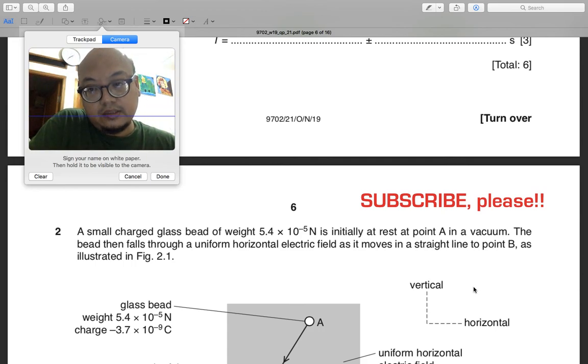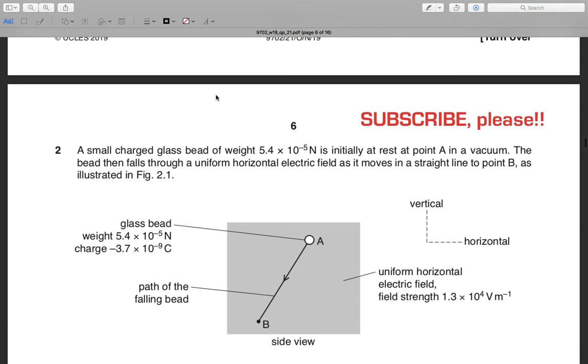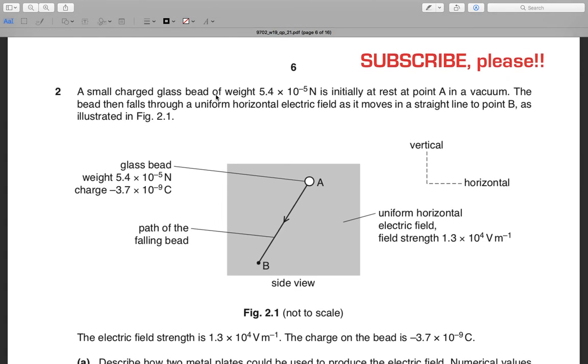Number 2. A small charged glass bead of weight 5.4 times 10 power minus 5 Newton is initially at rest at point A in a vacuum.